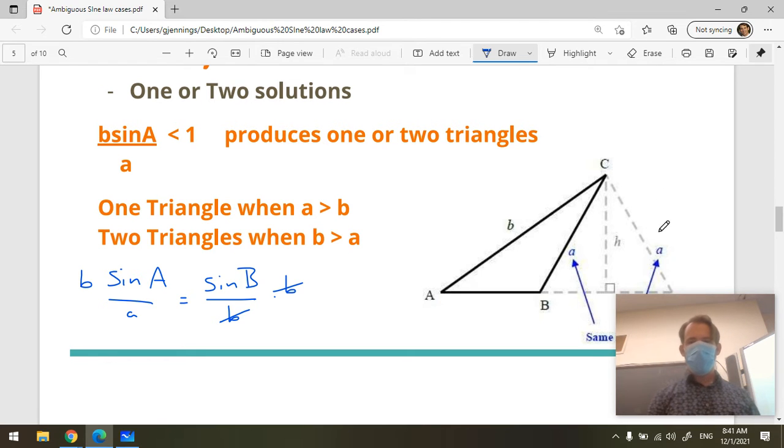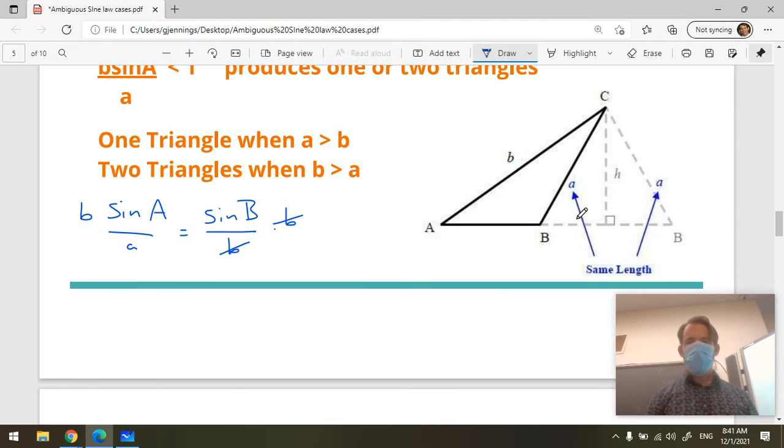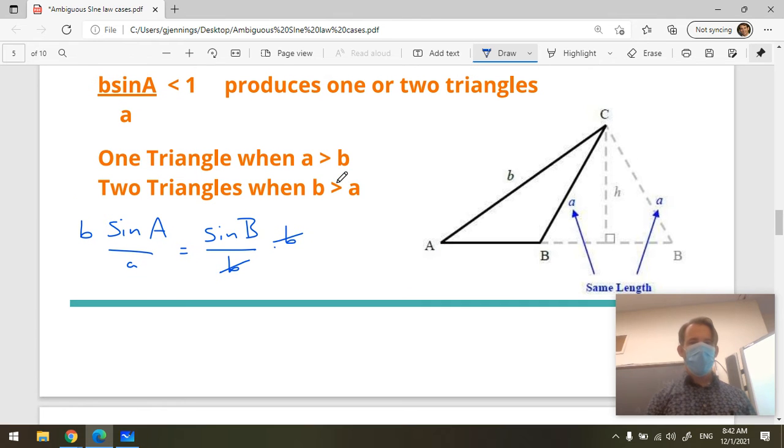So you need to take a look from your diagram whether you have an A that's on this side or an A that's sloping out on that side. This would create an obtuse triangle with an obtuse angle here, and this would be an acute triangle with an acute angle there. If A is longer than B, there's still only one way to set it up.